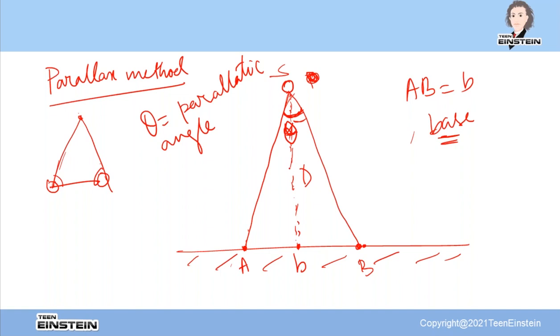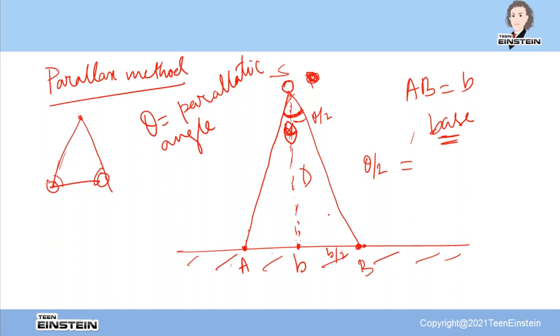Now we have learned the definition of the angle. So for theta by 2, this is the radial distance. Suppose this is the arc of a circle of radius d, so AB is the arc length of the circle having radius d.